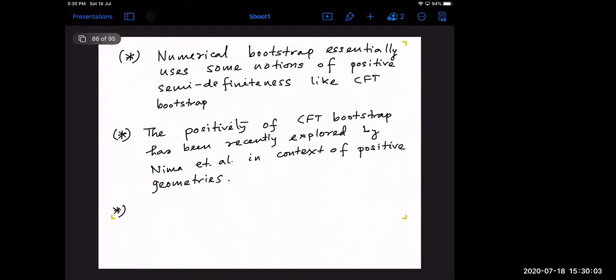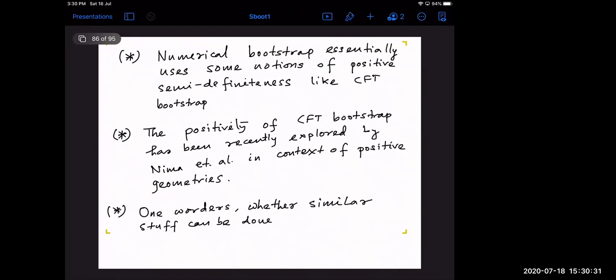So one wonders what sort of, or whether, similar stuff can be done for numerical S-matrix bootstrap.